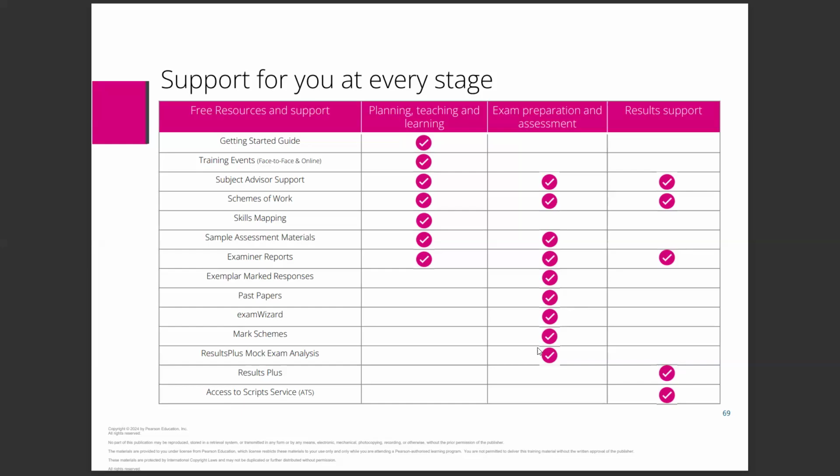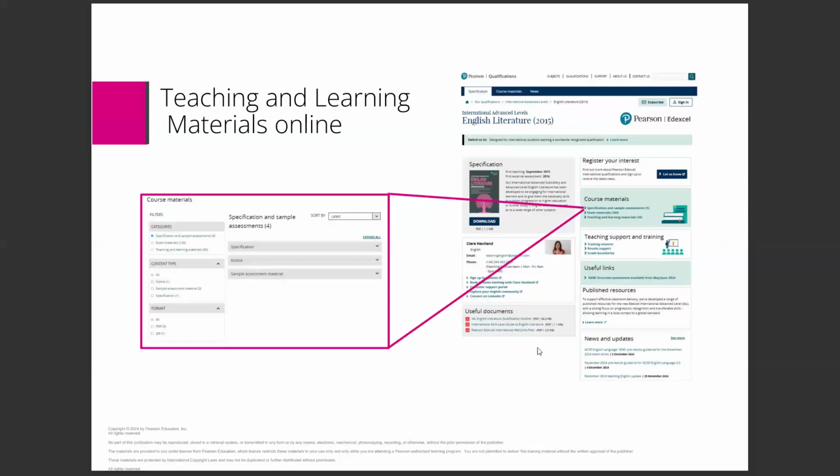The examiner's reports give us a little guide on what to do and what to avoid, and we've been using some segments from those today. Make use of the papers, but also the mark schemes with candidates, familiarising them with the mark schemes and inviting them to critique them and add textual references. And then the various results support can be tailored to school and to your own candidates and their own responses after the exam window has closed.